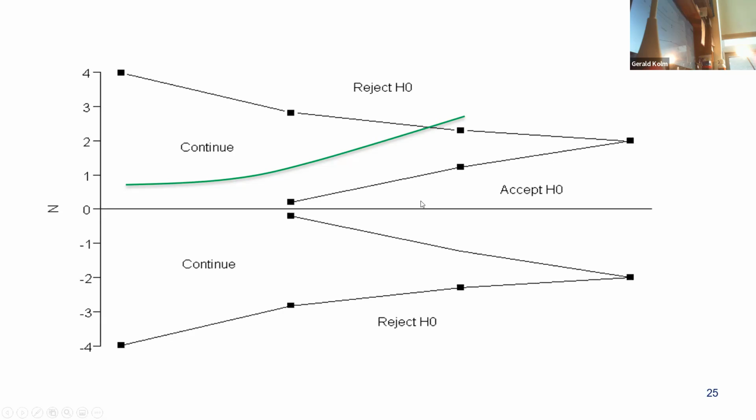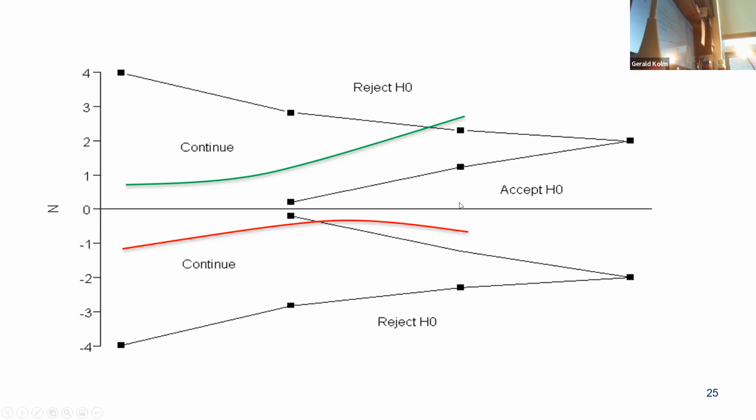On the other hand, if it turns out that our statistical tests look like this, where it's not significant, and then we cross over into this area here, where we're going to accept the null hypothesis, or we're going to fail to reject.